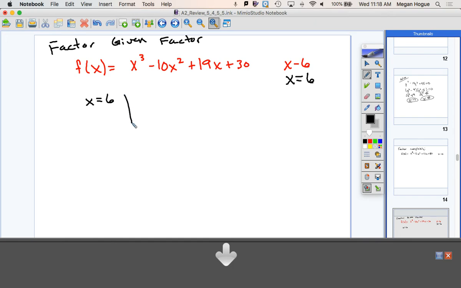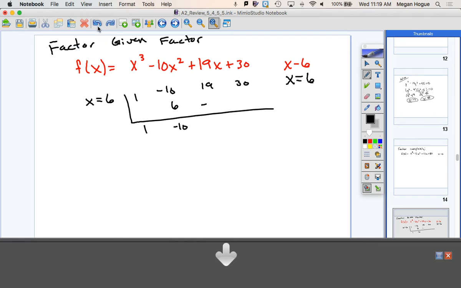No missing terms: 1, negative 10, 19, and 30. 1, 6, negative 10, negative 60. I feel like I've done something wrong here. Yeah, negative 10 plus 6 doesn't equal negative 10.